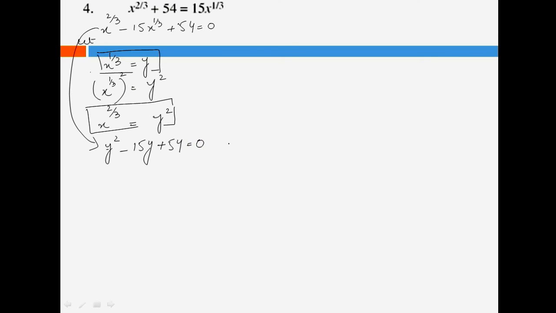Now I need two digits which multiply to give 54 and after adding give minus 15.